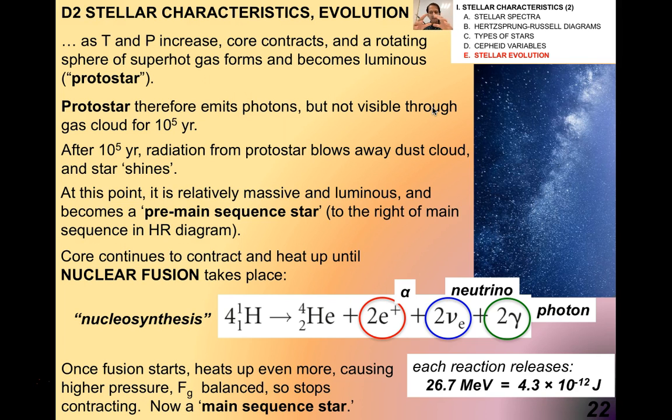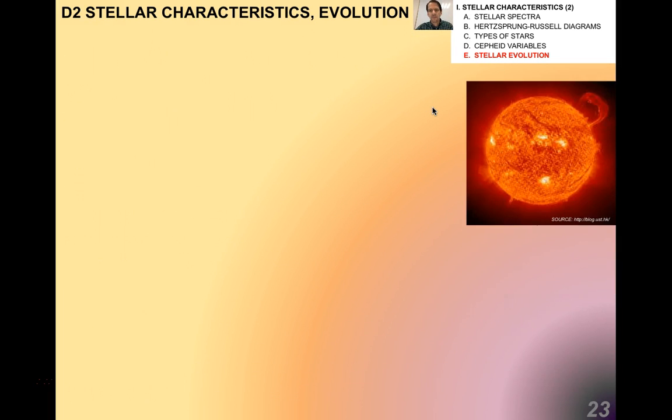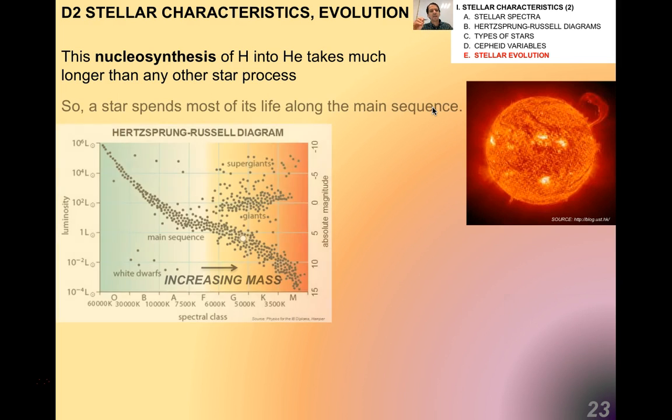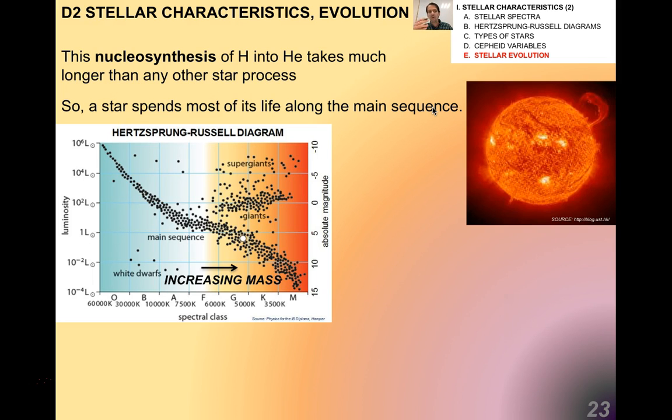Once that happens and the size of the star becomes more or less stable, it becomes a main sequence star, okay? Now, this nucleosynthesis of hydrogen into helium takes a lot longer than any other star process. So that's the reason why a star spends most of its life along the main sequence where nucleosynthesis is taking place, and you have that the radiation pressure is about equal to the gravitational force, so the diameter is fairly stable, okay?